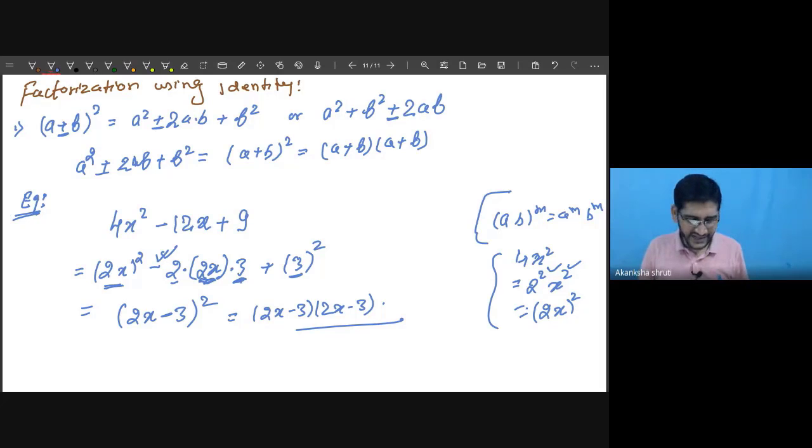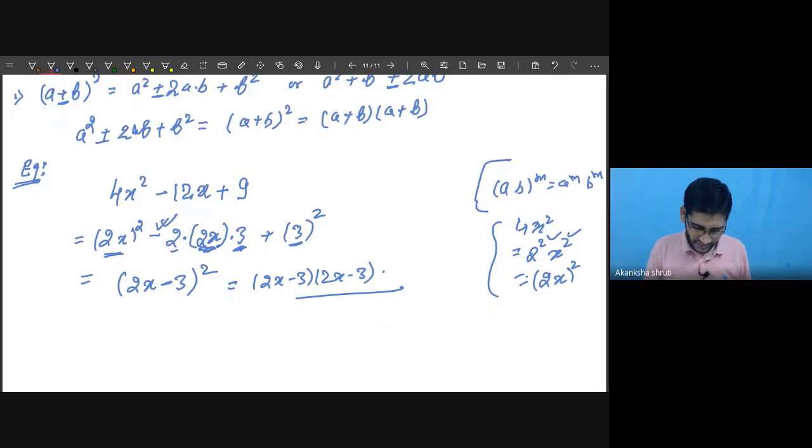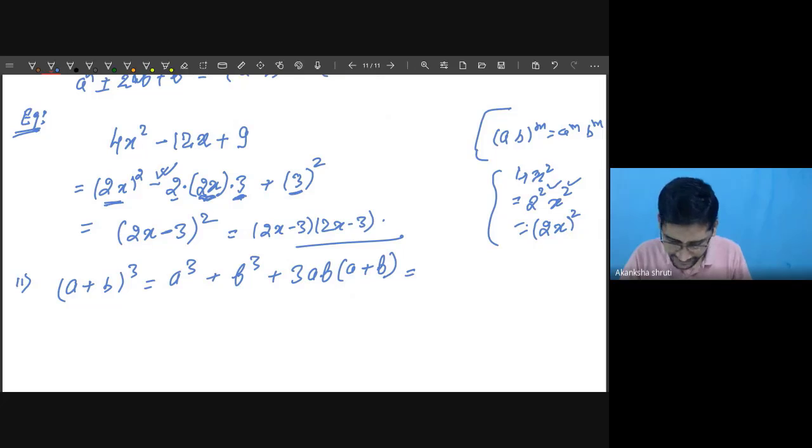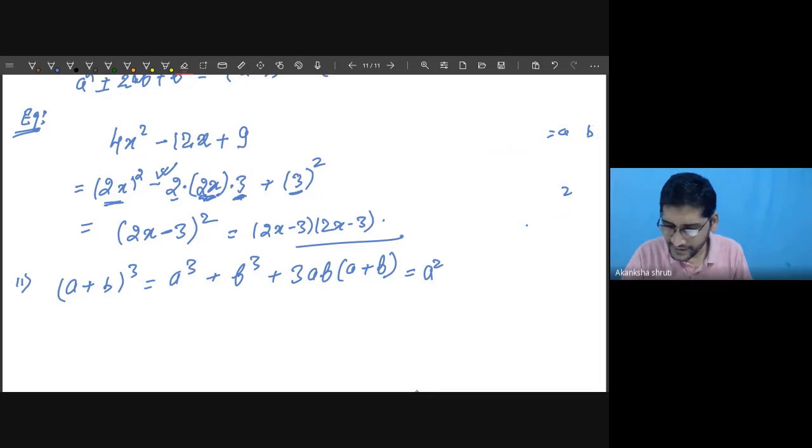Now what are the various identities that I am going to write quickly? If we have (a plus b) whole cube, then it is given by a cube plus b cube plus thrice of ab times (a plus b) in the bracket form. Or the same can further be simplified by opening the bracket only.